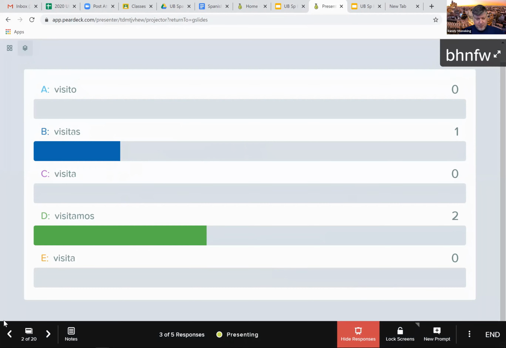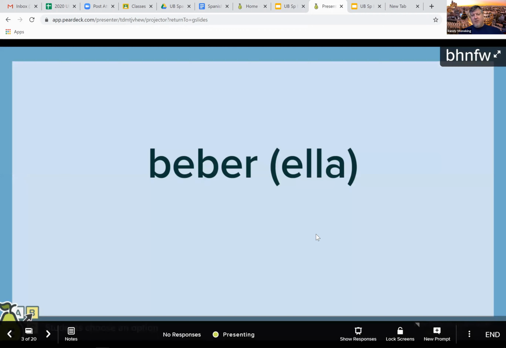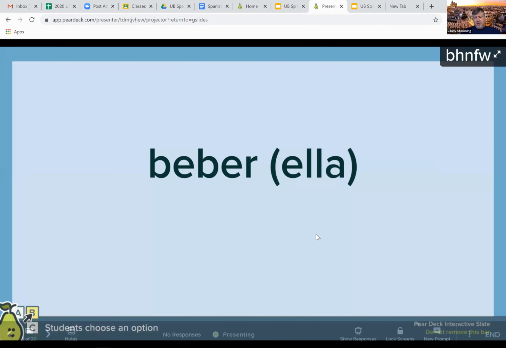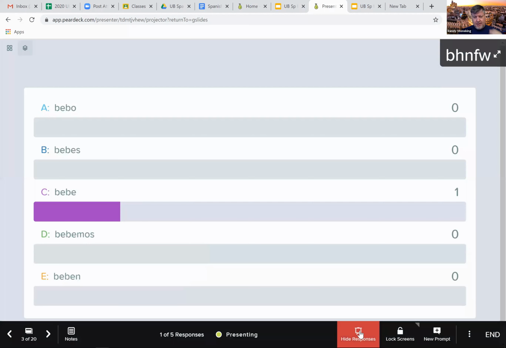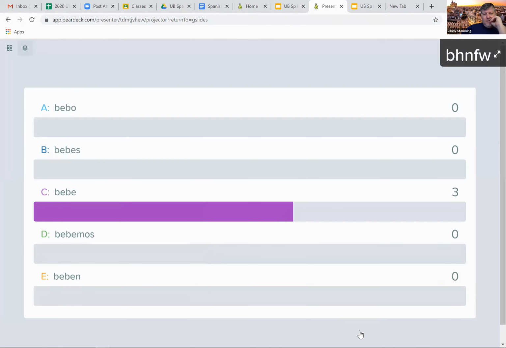Okay, let's do another one like this. Let's try this one. So I have the verb beber, and I have ella would be the person who's doing it. So what ending would we use? Let's take a look and see how we're answering. There you go.